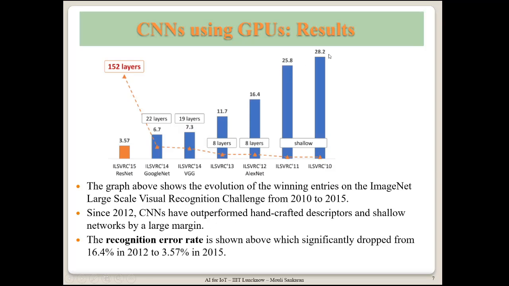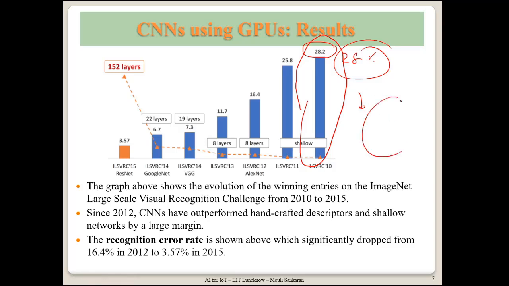And then you were asking about the numbers, right? It is called recognition error rate. That means 28% of the time this neural network recognized the images wrongly. Okay, that means you have trained it with something, and then you are giving the result, but you are not giving the label for that particular image, and then you are trying to find out whether this DNN is able to identify correctly or not.